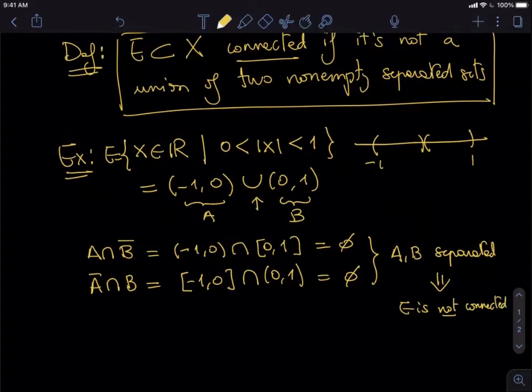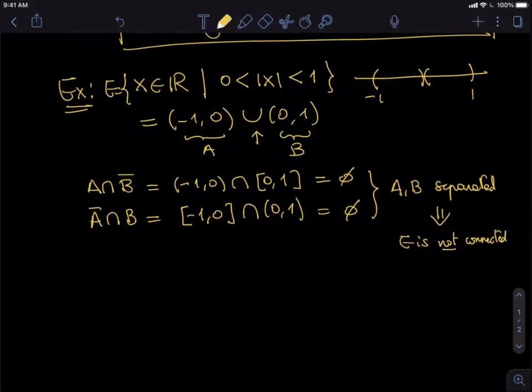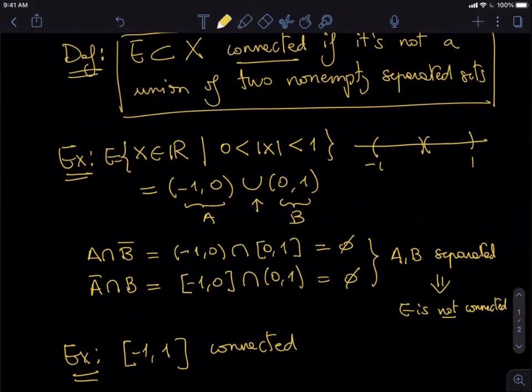Now, more examples. The closed interval [-1, 1] is connected. But to see that it's connected, we need to show that it's not a union of two separated sets.